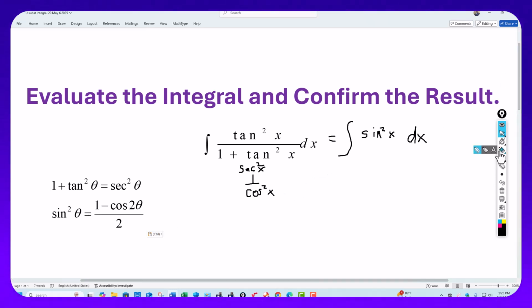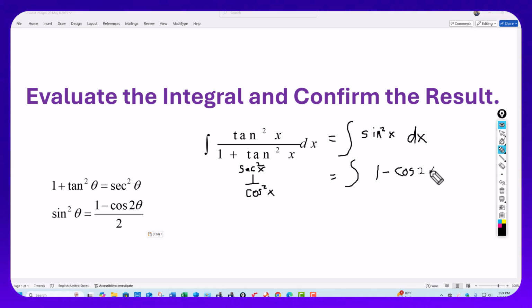That makes it easier to evaluate than having to deal with cosine or sine squared. So I can replace the sine squared by 1 minus cosine 2 times the angle. In this case, the angle is x. So we have 1 minus cosine of 2x, and that's over 2.